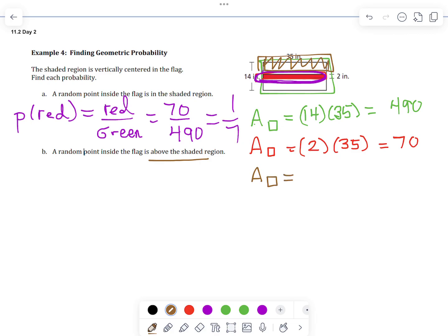So that length is 2 inside here. So then we have 12 left to split. So this is 6 here and 6 there. So the length and width would be 6 times 35, which is 210.